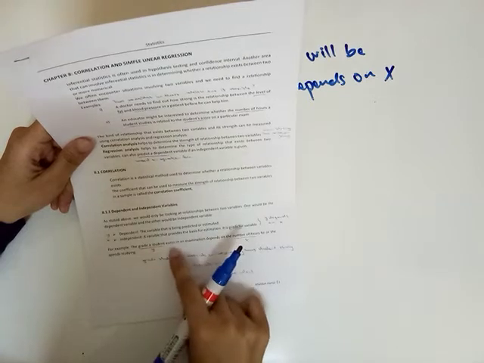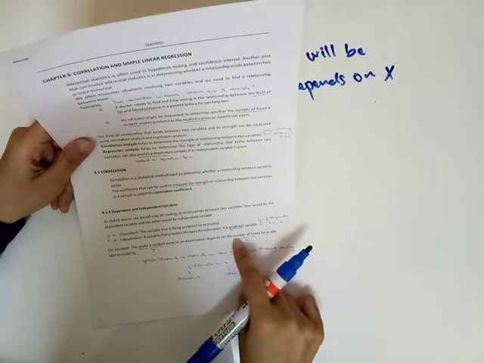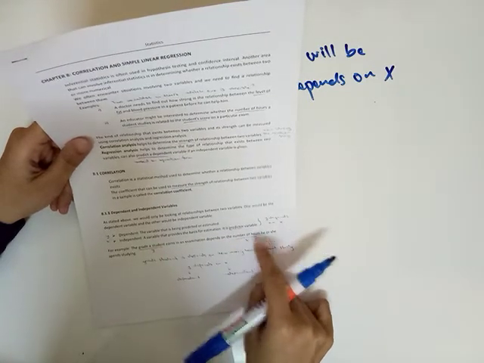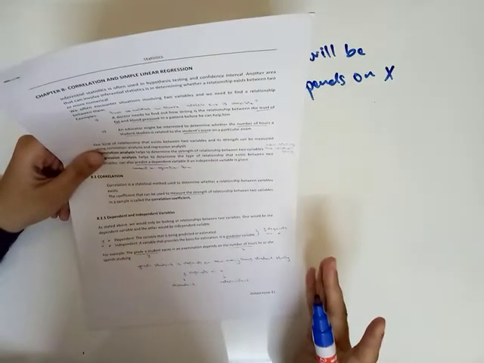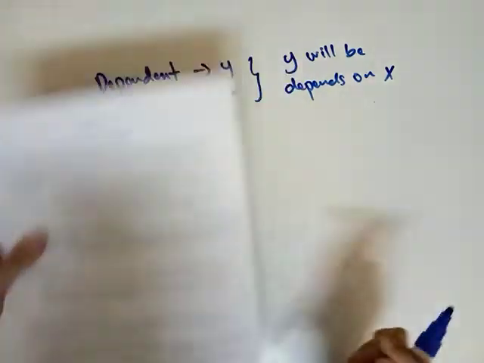For example, look at the example below. The grade a student earns in an examination depends on the number of hours he or she spends studying. So which one is the variables? The grade of the student and the number of hours.